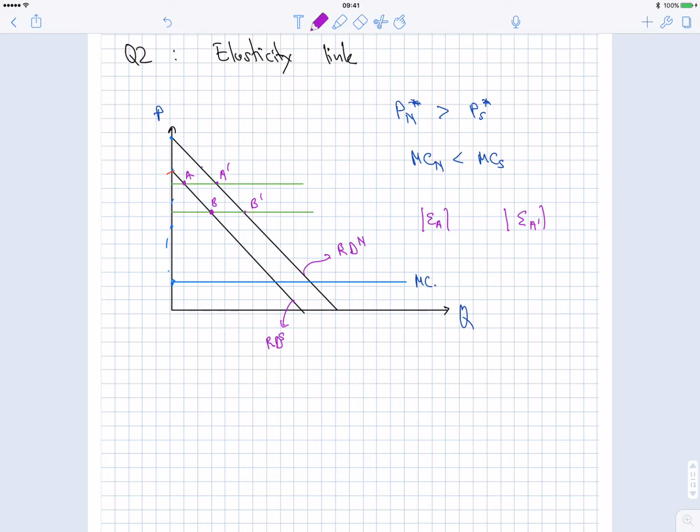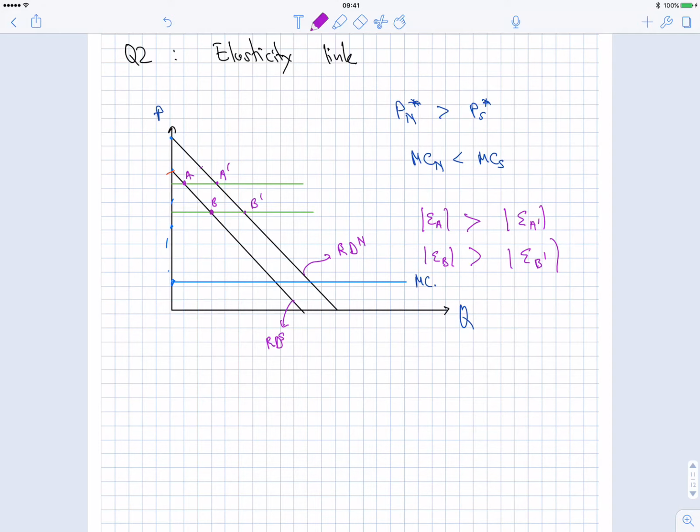This one here is not going to be infinity, because A is closer to the intercept than A prime, and because B is closer to its intercept in a proportionate sense, as opposed to B prime, in absolute terms this will always be higher.